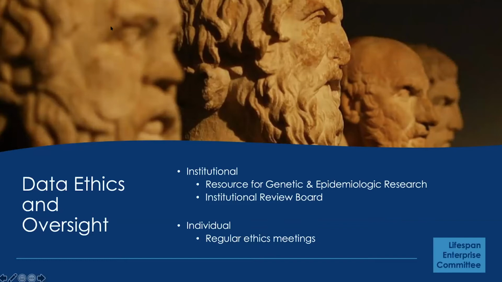One is called the Resource for Genetic and Epidemiological Research, and it consists of one member from each of our data contributors, and they all review the studies prior to the data being released. All studies are also required to undergo institutional review board, and only the minimum amount of data necessary is ever released to the investigator, and all data may stay on our machines or our servers so that we can control the data at all times.